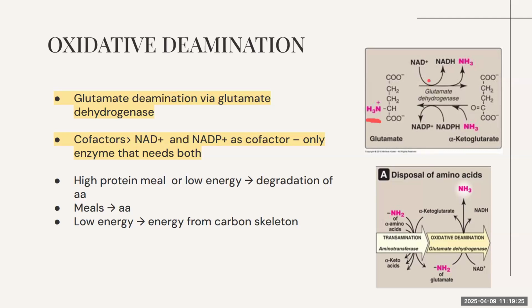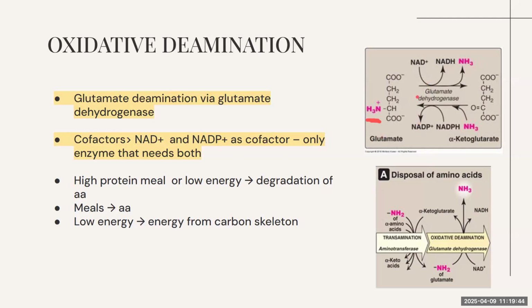In transaminases, we needed PLP, and for glutamate dehydrogenase, we need both NAD plus and NADP plus. Okay, it's the only enzyme that has specificity for both.